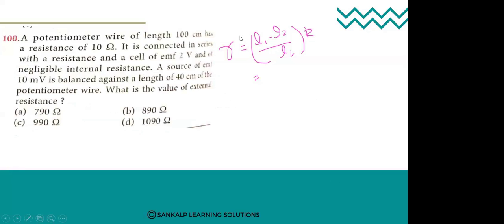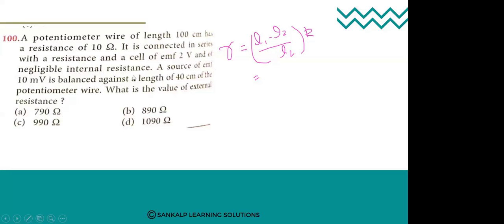Here we need to calculate the capital R. A potentiometer wire of length 100 centimeter has a resistance of 10 ohm. It is connected in series with a resistance and a cell of EMF 2 volt and of negligible internal resistance. Okay, small r you need to leave it. A source of EMF 10 millivolt is balanced against a length of 40 centimeter of the potentiometer wire.